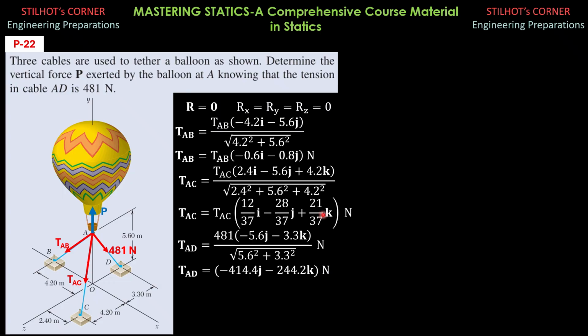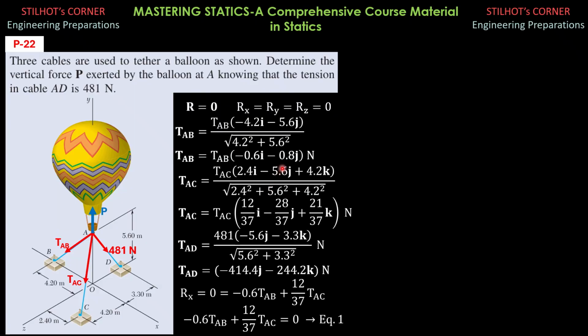So setting Rx equals 0, it is equal to negative 0.6 tension AB plus 12 over 37 tension AC. So negative 0.6 tension AB plus 12 over 37 tension AC equals 0. Call that equation 1. Then Rz equals 0.